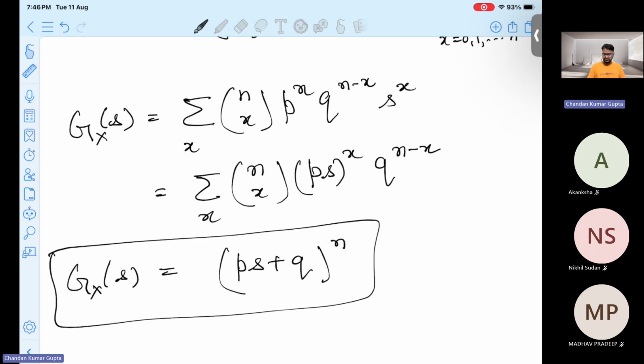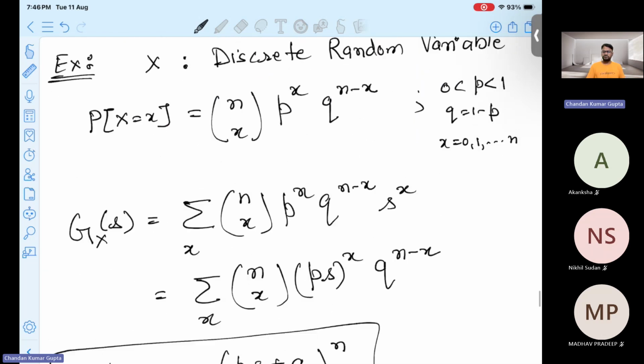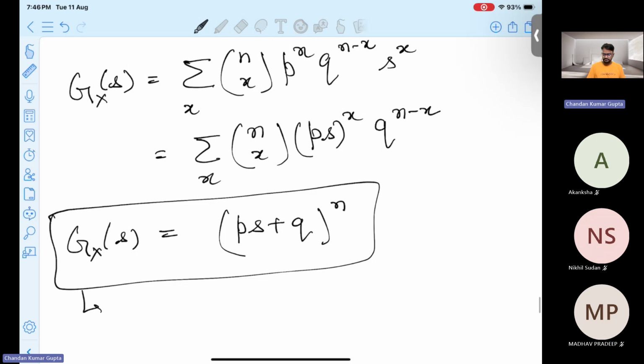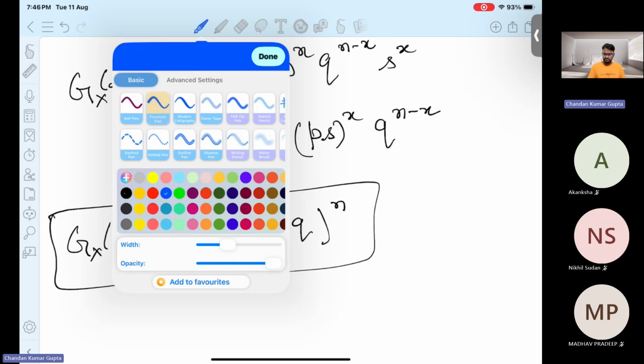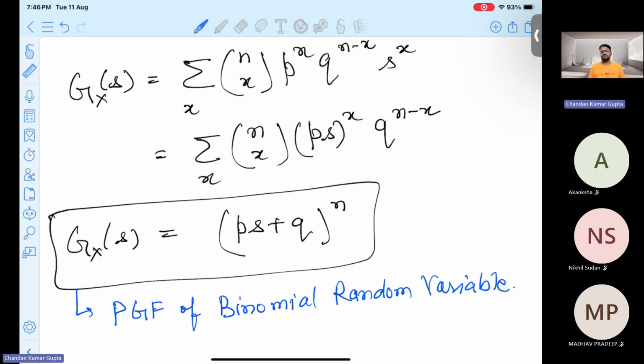So this PMF is our binomial, and this is nothing but the probability generating function of the binomial random variable. And the binomial random variable is discrete in nature. So this is how you calculate the probability generating function.